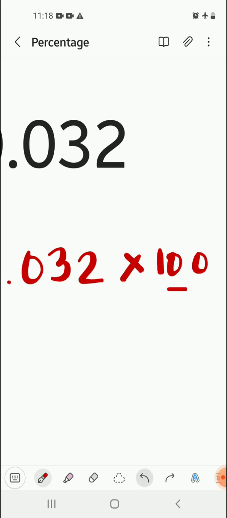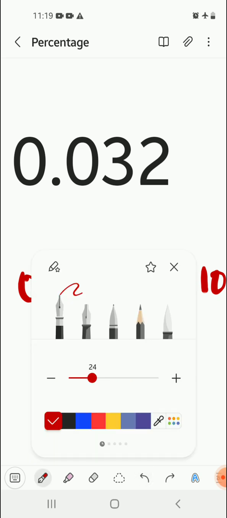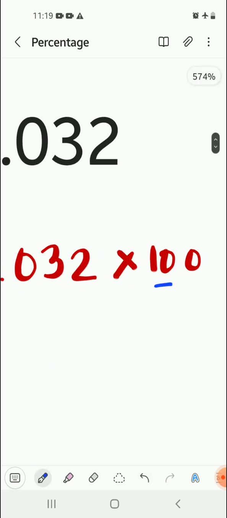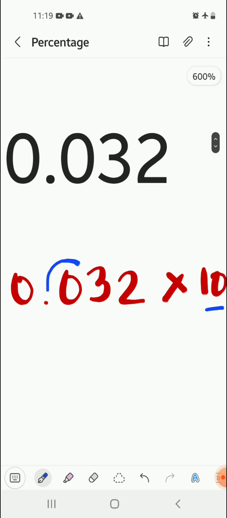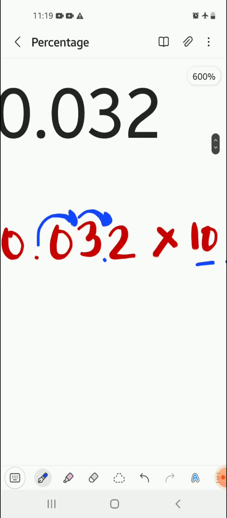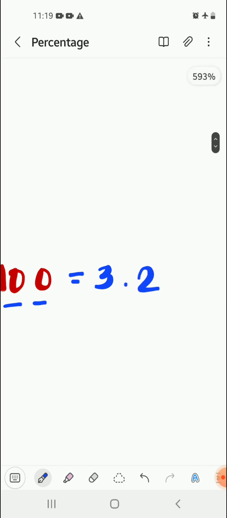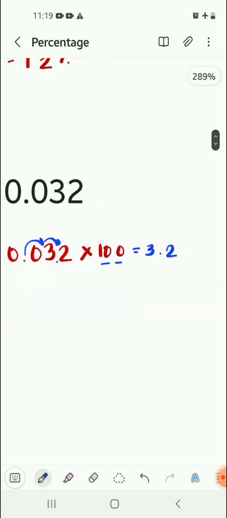There are two zeros, which means, and it is a multiplication sign, so the decimal point would shift twice to its right, once and twice. So the decimal point will come here. So the answer will be 3.2, because writing 003.2 is not required.